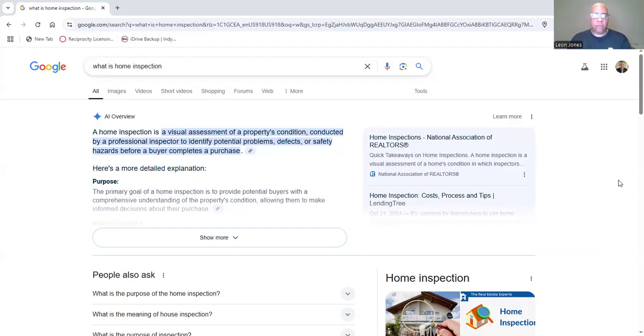Home inspection is a visual assessment of a property's condition conducted by a professional inspector to identify problems, defects, or safety hazards before a buyer completes a purchase.